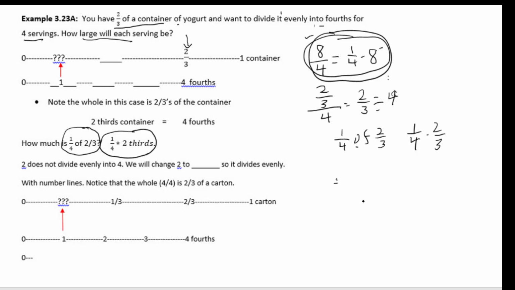Now, in our previous problems, we had 2/3 of 12/7. And 12 divided nicely into 3, and I got 4. 4 times 2 is 8, so the answer was 8/7.